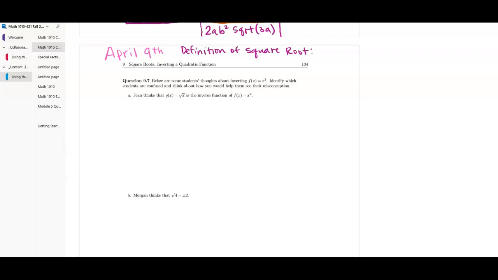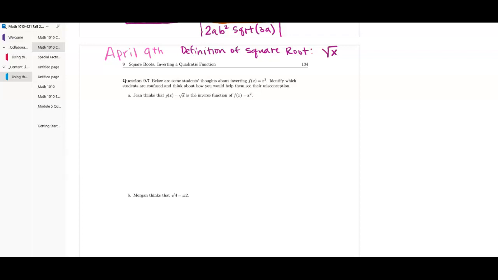Remember that square root is just this symbol, right? And if it doesn't have a number there in the little crook of the arm, then that's a 2, so that's a square root. If there's a 3 there, it's a cube root, and so on.